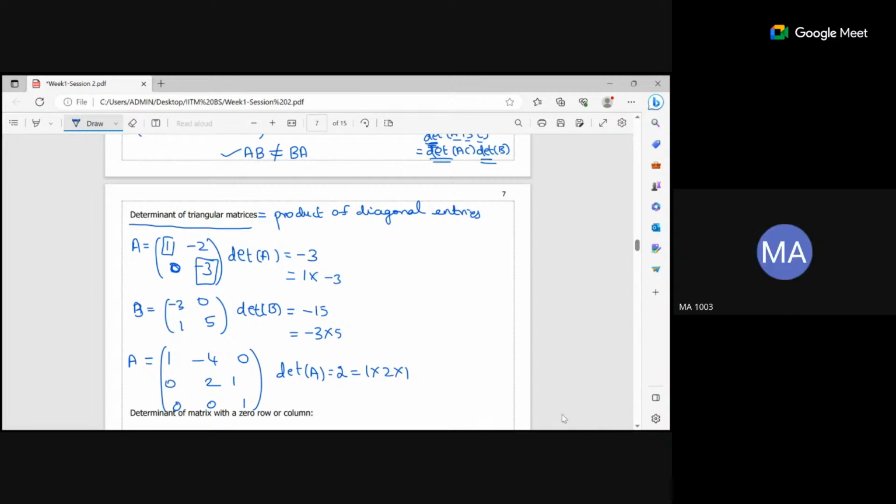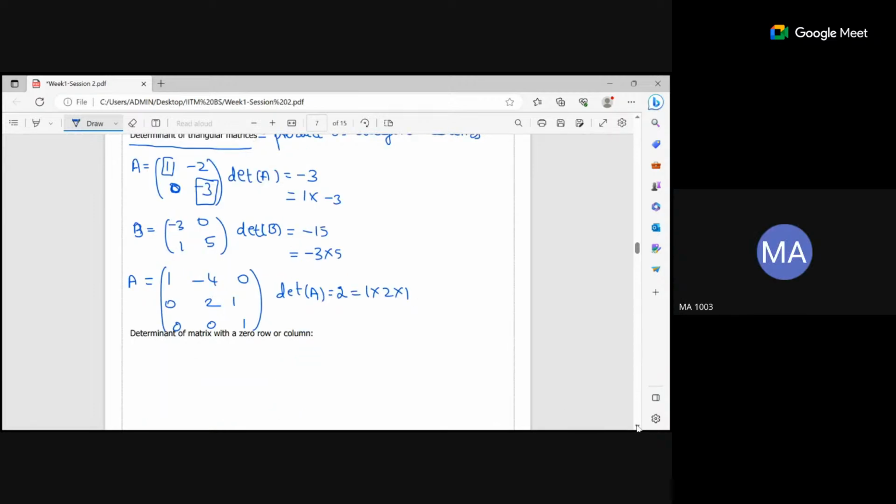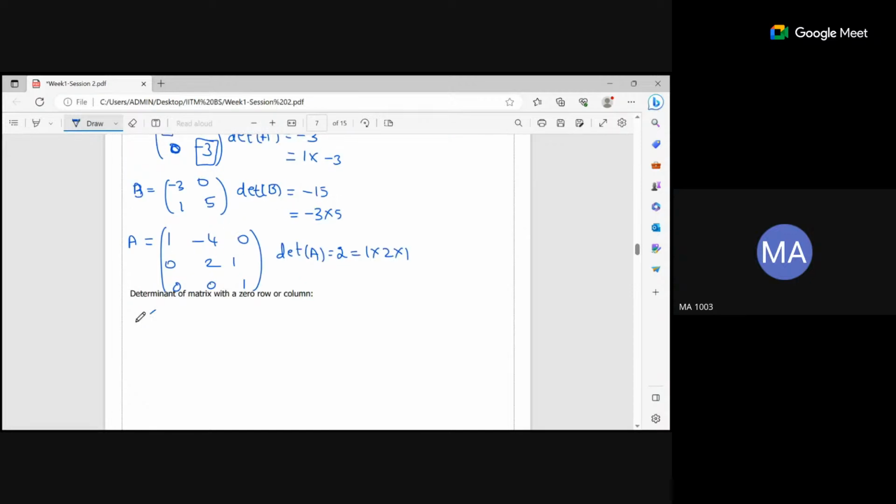Okay. Now let's consider the determinant of a matrix with a 0 row or column. Let's say A is equal to 1, 3, 0, 0. So an entire row is now 0. What is the determinant of this matrix? Zero. In the same way, consider a matrix where an entire column is 0.